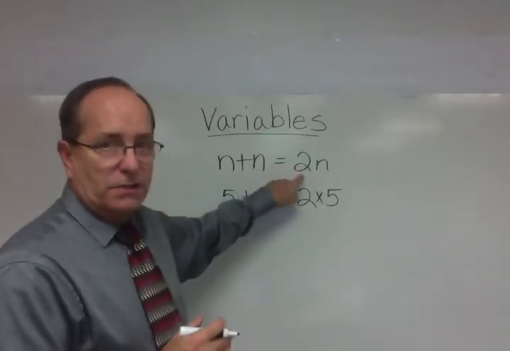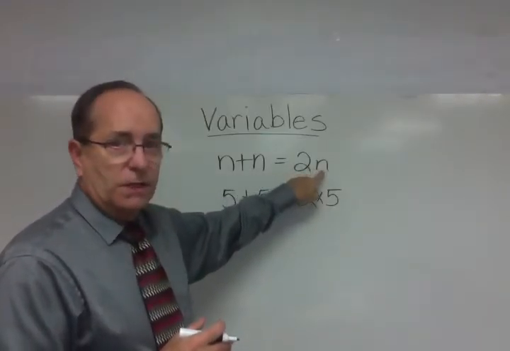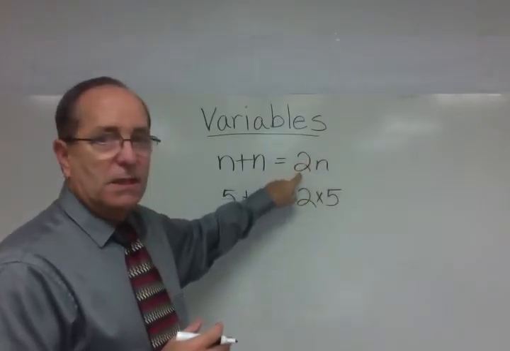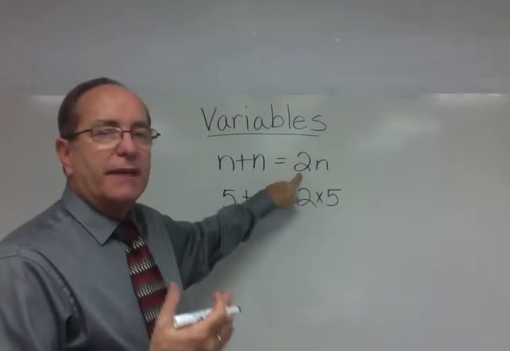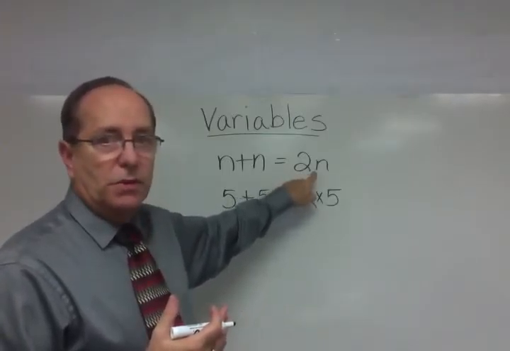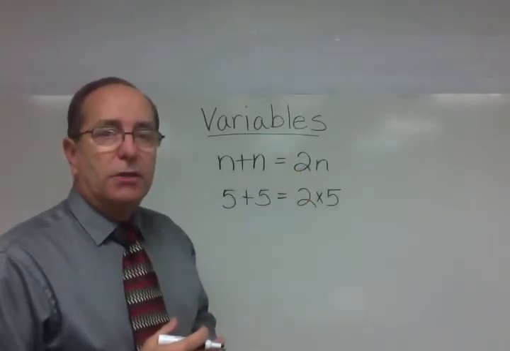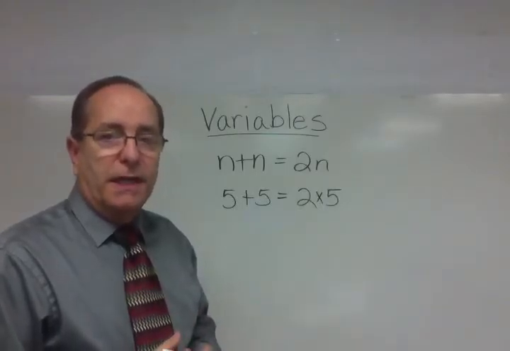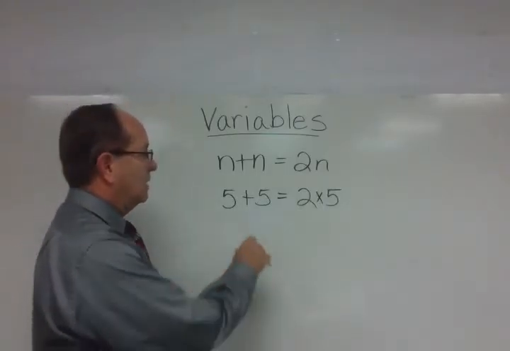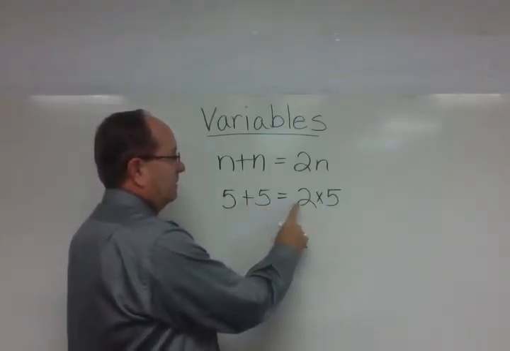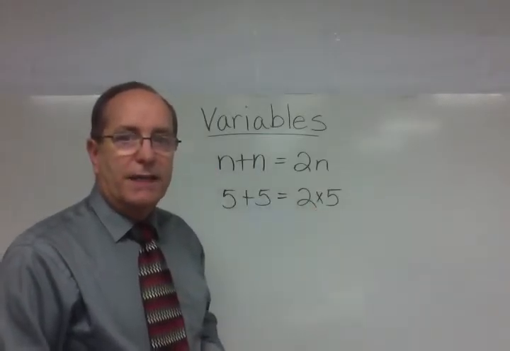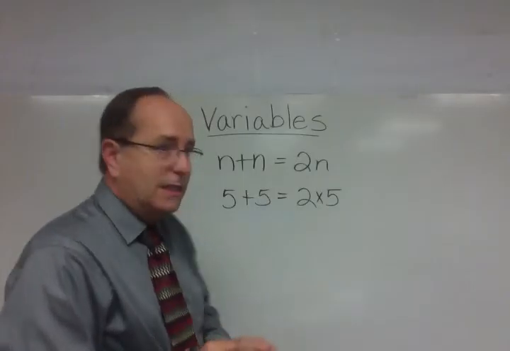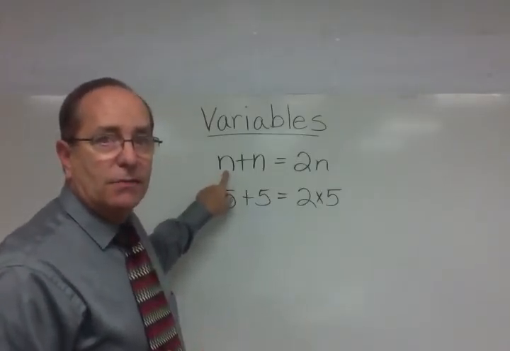And that is a constant, we call that, and that's the variable. And that constant sometimes is what we call a coefficient. It sits in front of the variable, and that's always a multiplication problem going on when you see that happening, that you're going to see more and more of as our year keeps progressing. So 5 plus 5 equals 10. That's a true statement. That general pattern works every time. This is a good general pattern then.